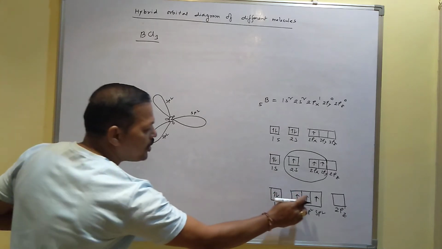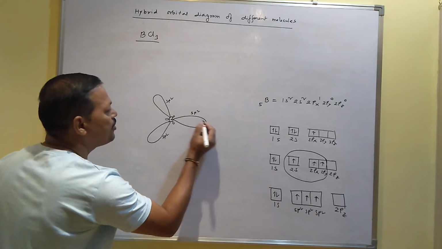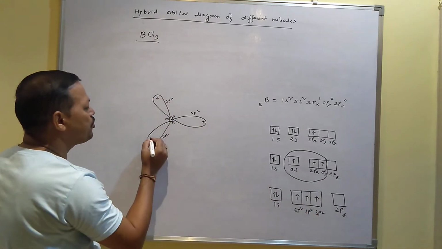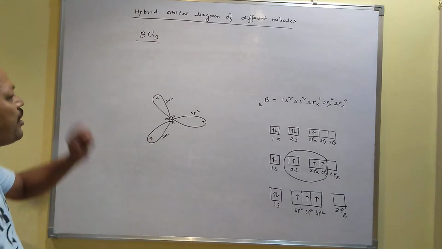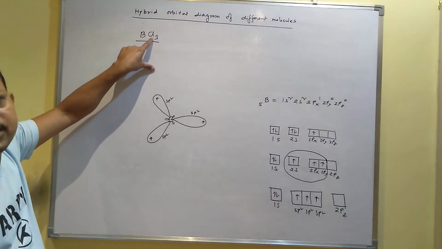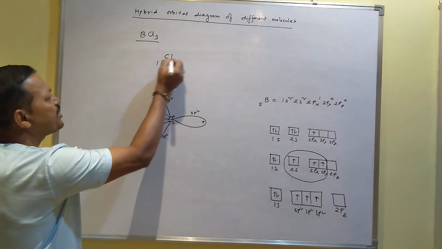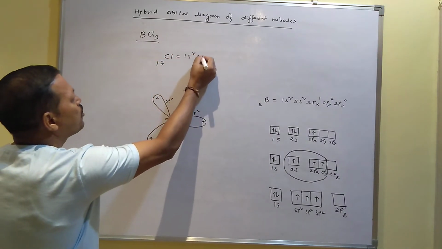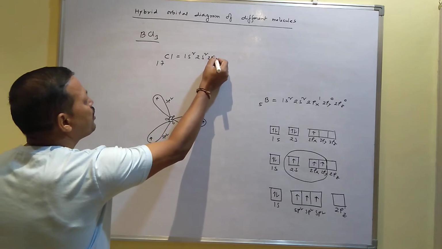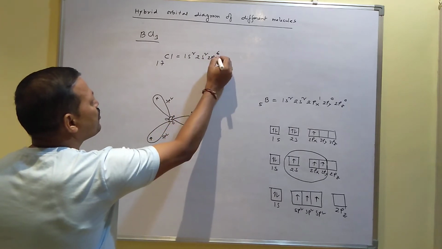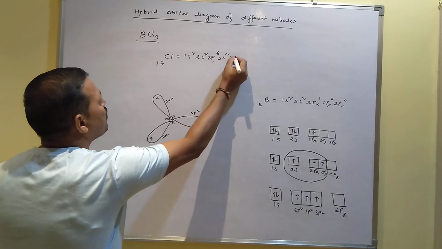Now all the sp2 orbitals contain 1 electron, and they will overlap with the orbitals of chlorine. As you know, the atomic number of chlorine is 17: 1s2, 2s2, 2p6, 3s2, 3p5.